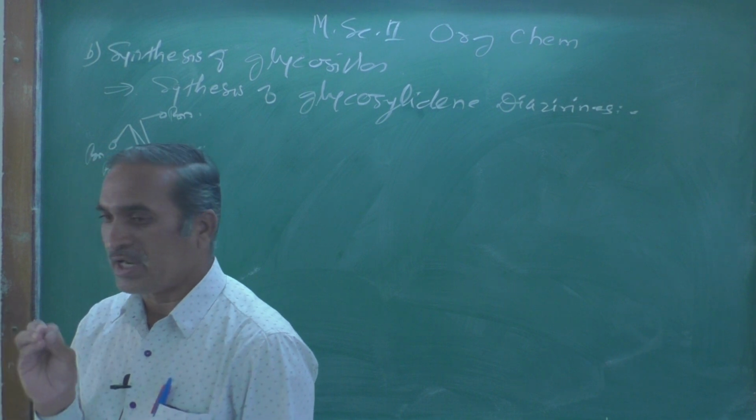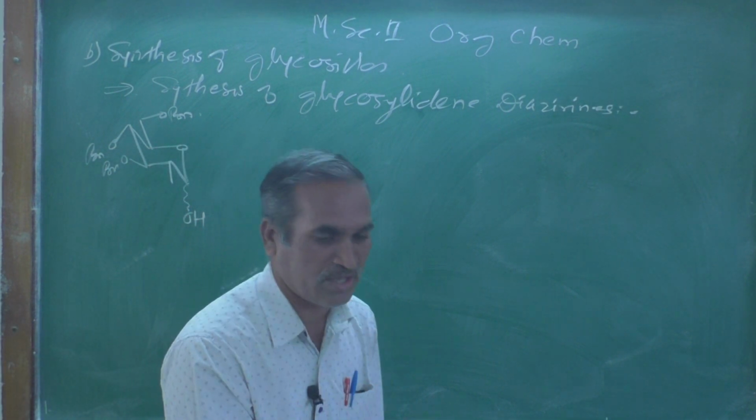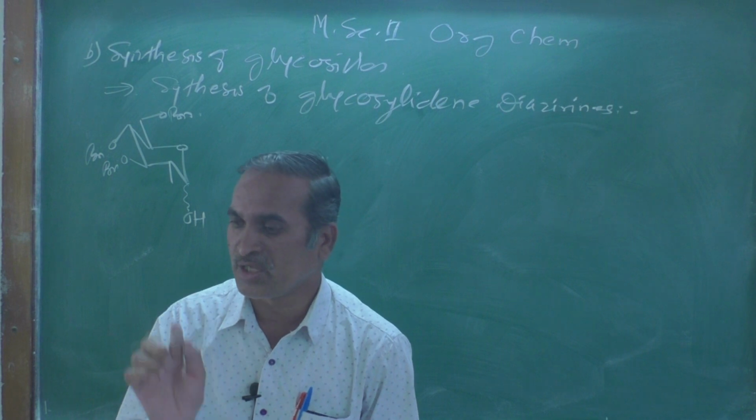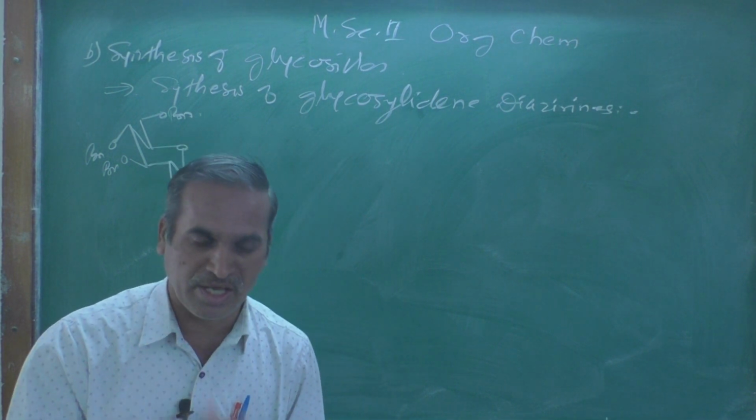Finally, we get structure number 7, which is nothing but the diazirine derivative.